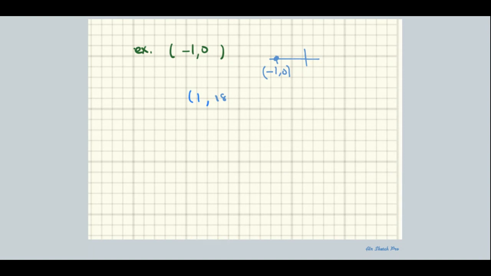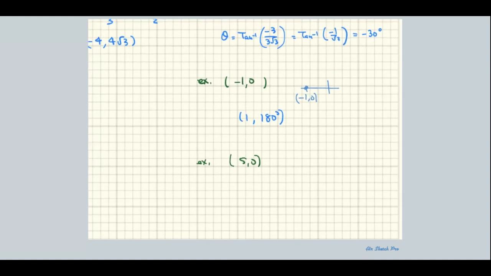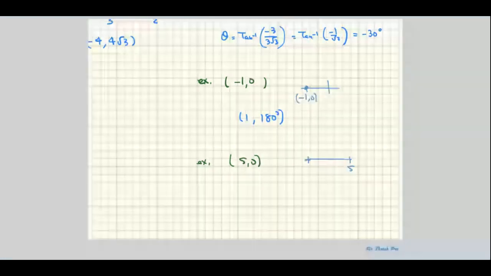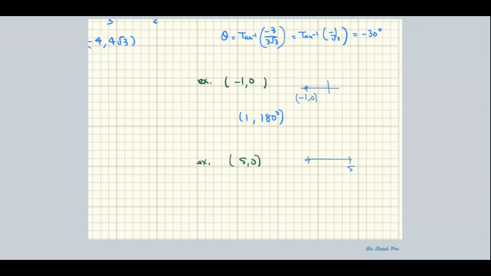So if you've got 0 on one of the coordinates, you should be able to just do it by inspection at a quick glance. Another little thing I should toss in here just as an extra example, something interesting. What's this in polar? What's the length? What's the angle? The angle is 0.